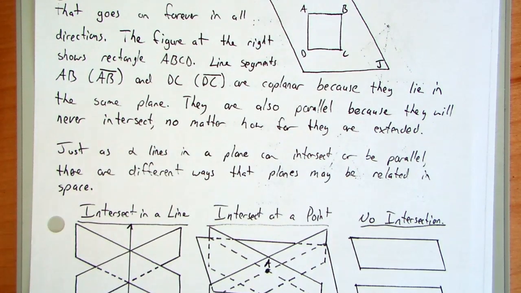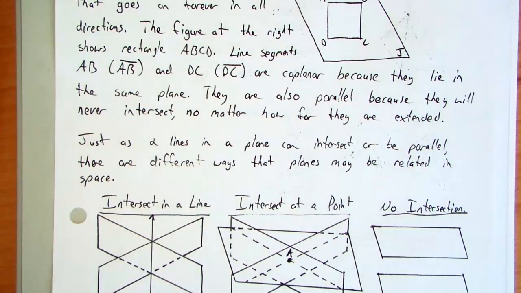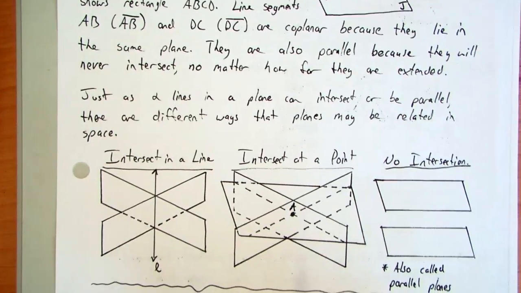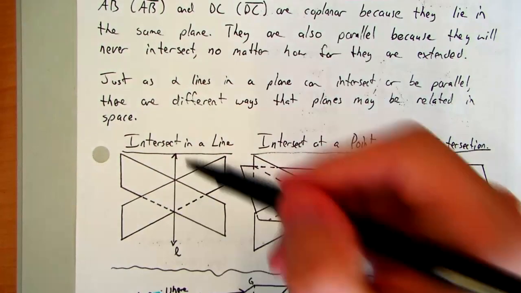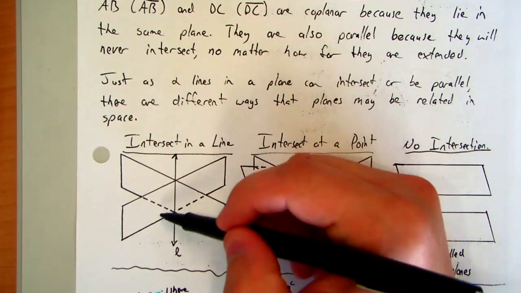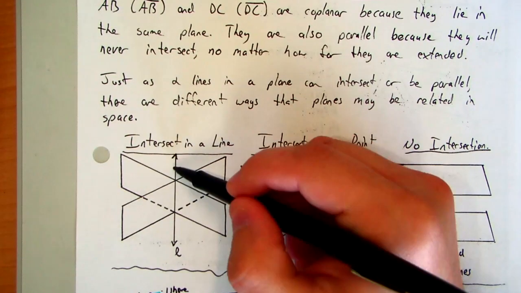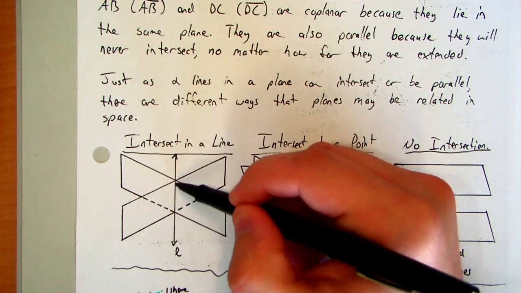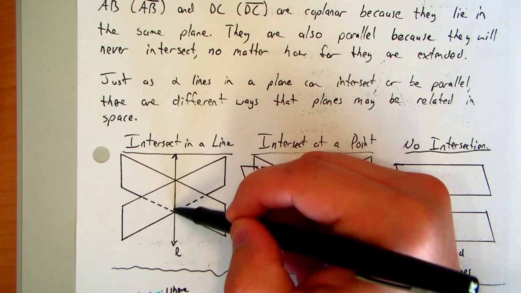Now, just as two lines in a plane can intersect or be parallel, there are also different ways that planes can intersect. For example, we could talk about intersecting in a line, and in that case, we would have two planes where they cross, and they'd have a line where those two met. We'll talk about what this line actually is soon.